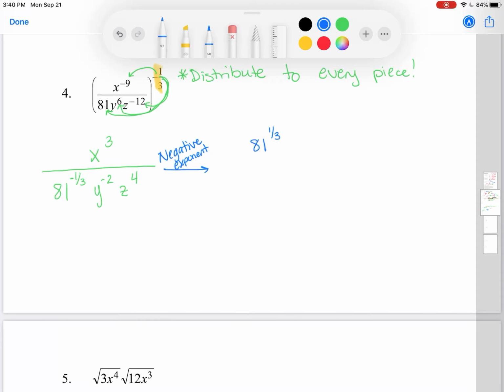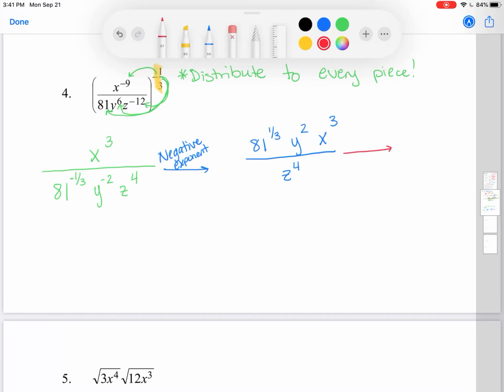So what that means is my 81 to the -1/3 is going to move to the top, and it's going to become a positive exponent when I move it to the top. Same thing with your y. It's going to become y to the +2. And everything else, since it was already positive and didn't have a negative exponent, is going to stay where it was. So the x cubed is going to stay, and the z to the 4th will also stay.